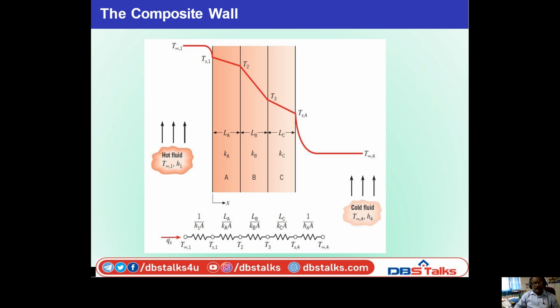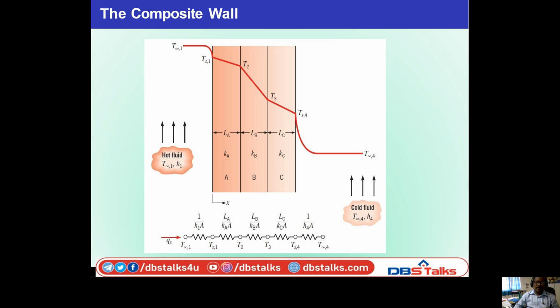So this is a composite wall. On one side there will be a hot environment, a hot fluid, and on the other side a cold fluid. There are three walls: A is one slab, B is another wall, and C is another wall.